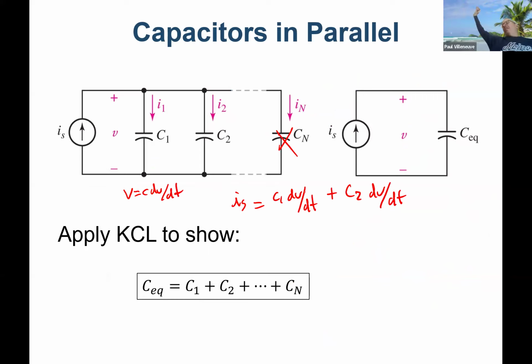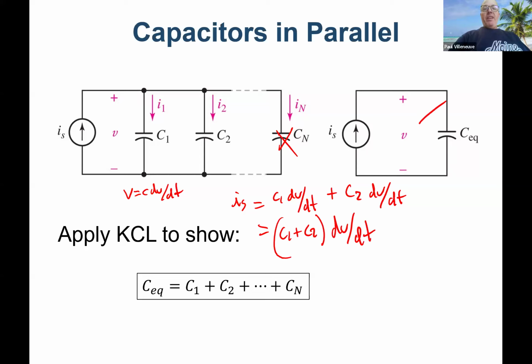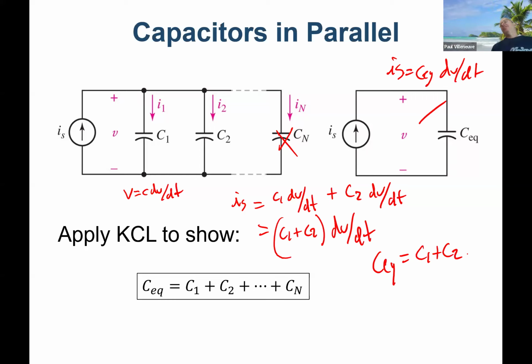Since the voltage across C1 and C2 is the same, we can factor out the dV/dt. And same thing over here, Is equals C equivalent dV/dt. So that tells me that C equivalent is equal to C1 plus C2.